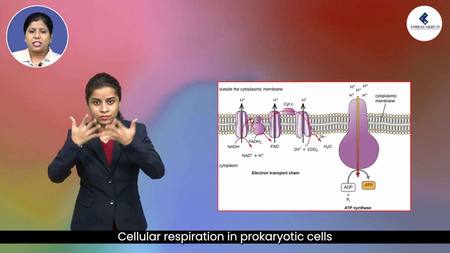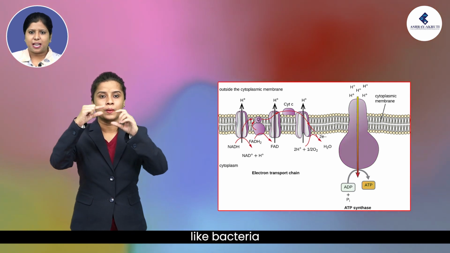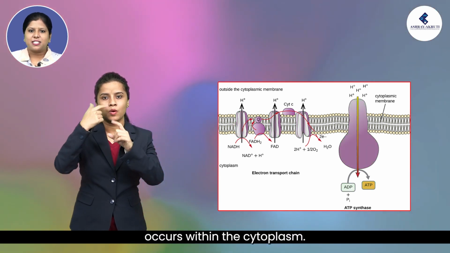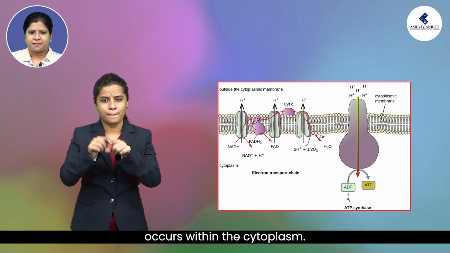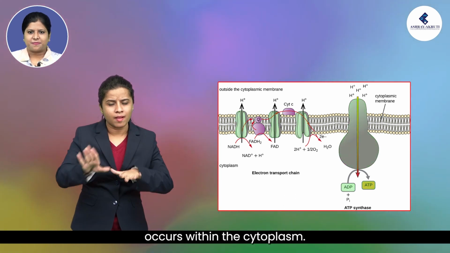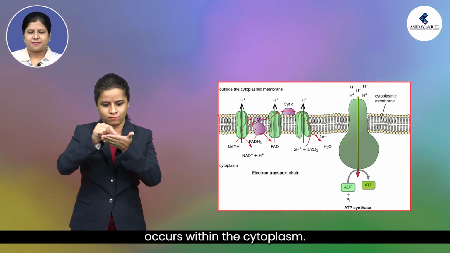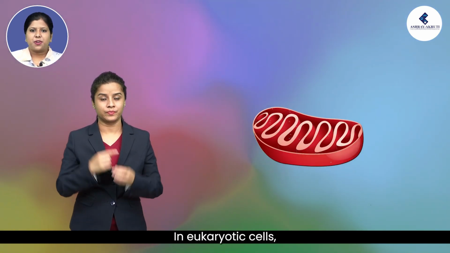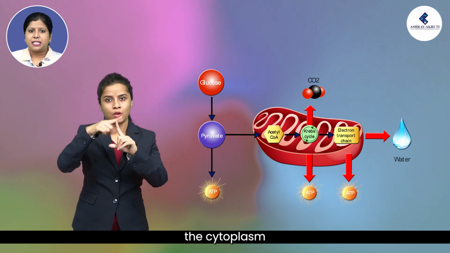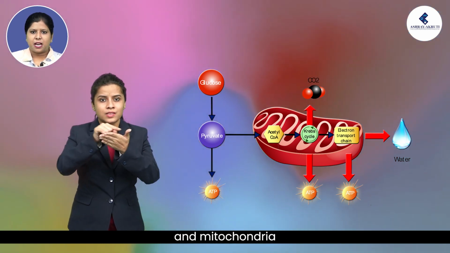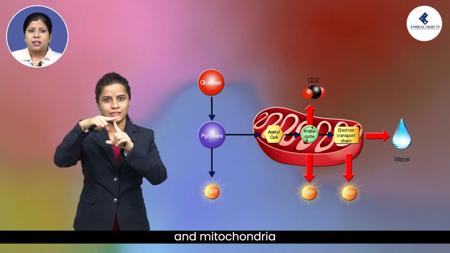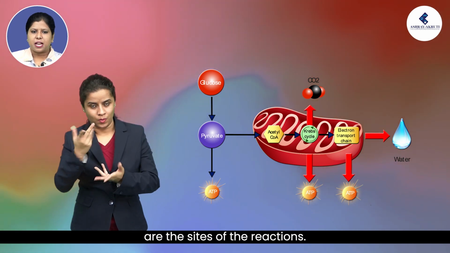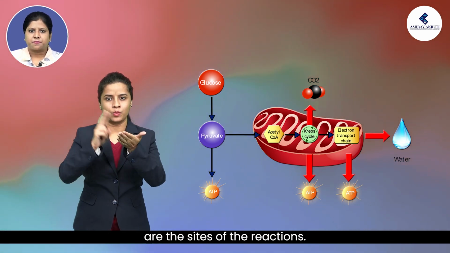Cellular respiration in prokaryotic cells like bacteria occurs within the cytoplasm. In eukaryotic cells, the cytoplasm and mitochondria are the sites of the reactions.